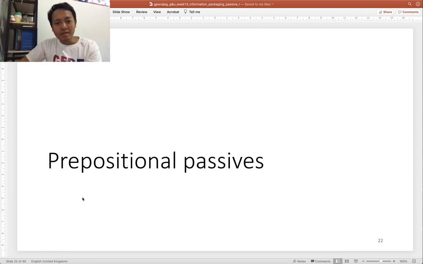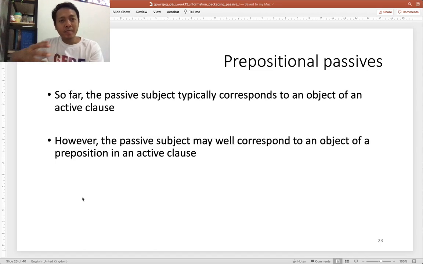Now, another type of passive is the prepositional passive. What does it mean? So far, what we've seen is that the passive subject typically corresponds to an object of an active clause, either transitive active or ditransitive active. However, the passive subject may well correspond to the object of a preposition in an active clause.